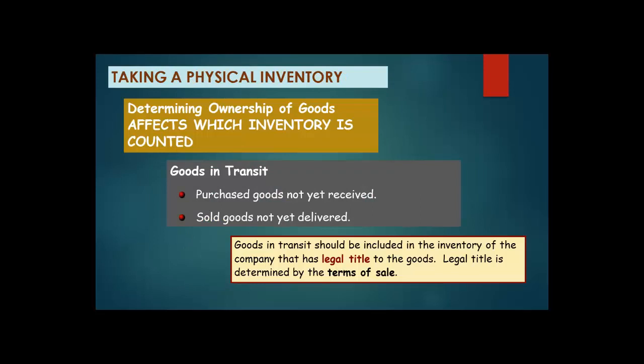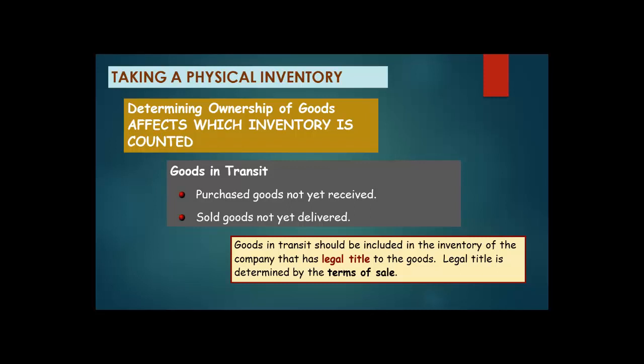So one of the things about physical inventory is trying to figure out who owns the goods. And there's two situations we want to talk about. One is goods in transit, and one is consigned goods. Goods in transit means these are goods that are actually not received. They are in transit. They are on a truck coming from the seller to the buyer.